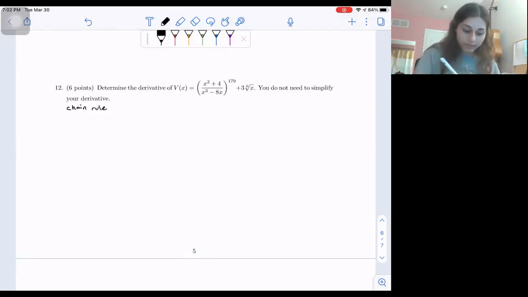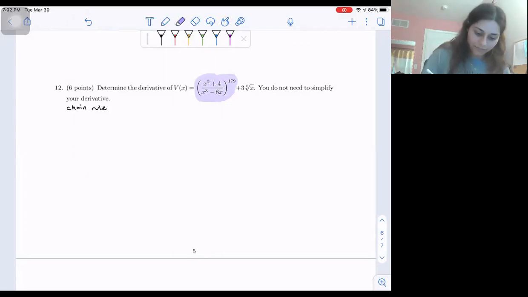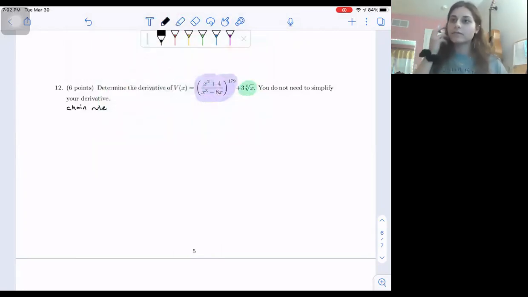Okay, and then to simplify it, I'm actually going to ignore the second part for now. We'll do it a little bit later. Just going to tackle the beast first. So think of inside and outside, right? Outside is going to be f of x, inside is g of x.